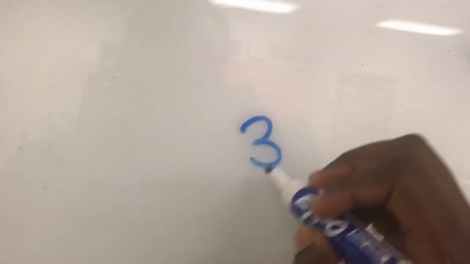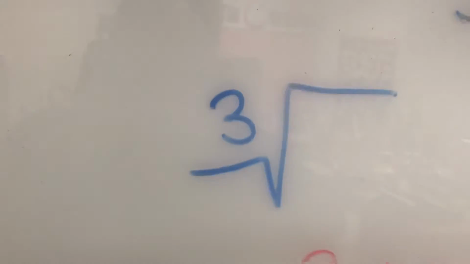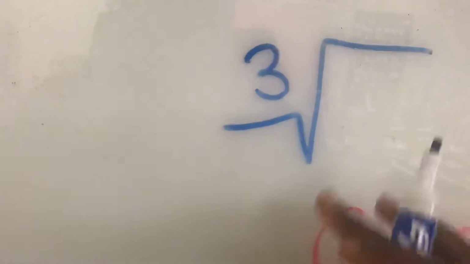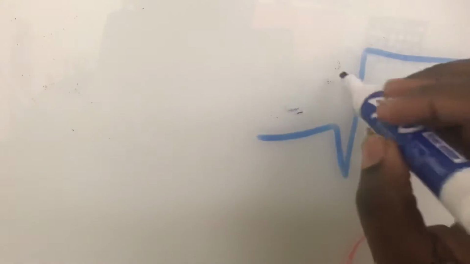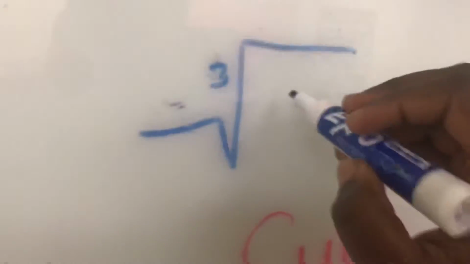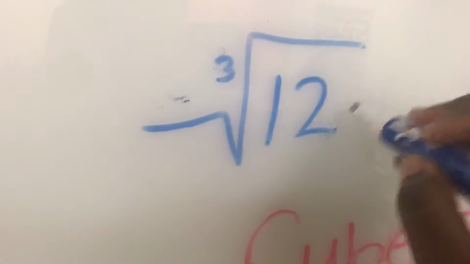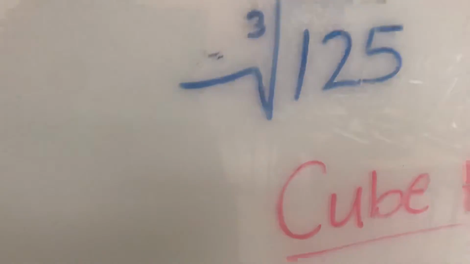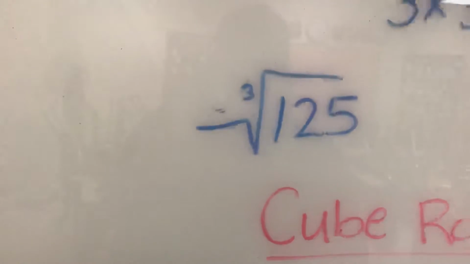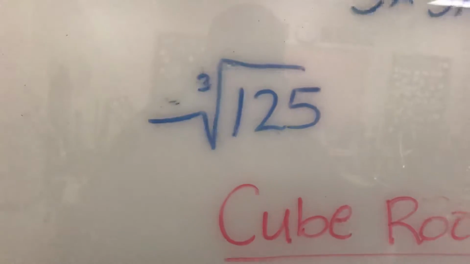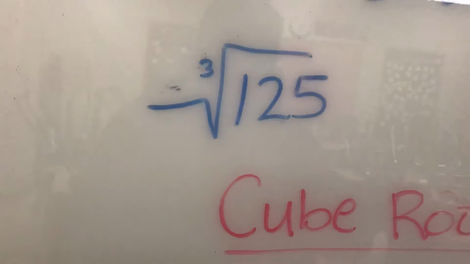Now I'm going to go over another one. Oh, that's a big 3. Usually it's not this big, so I'm going to make it a little bit smaller. And I'm going to say 125. All right, so we're thinking of a number that when multiplied by itself 3 times gives you 125.